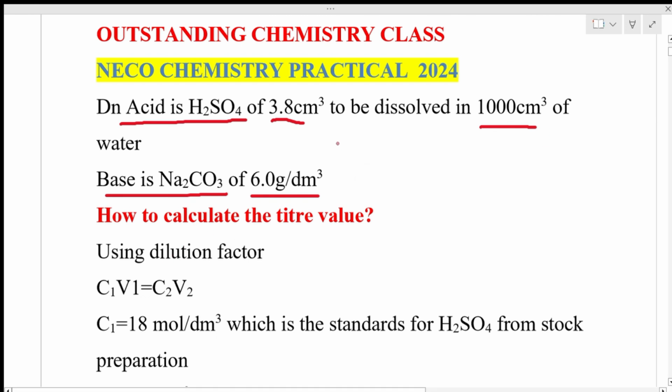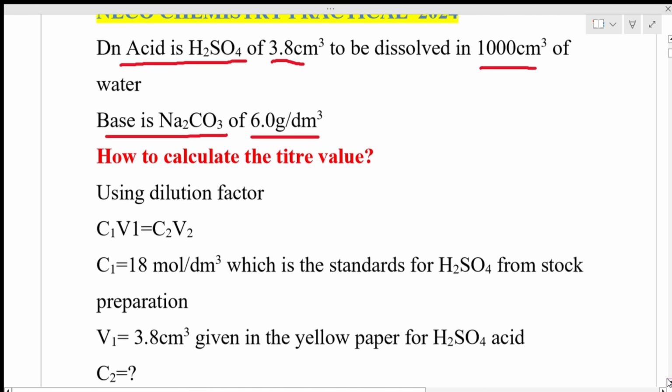But for this experiment, since it's not a real-life practical, I'm going to be using a calculated value that I've solved here to arrive at all my answers. So let's look at how to calculate a titer value using the dilution factor, C1V1 = C2V2.